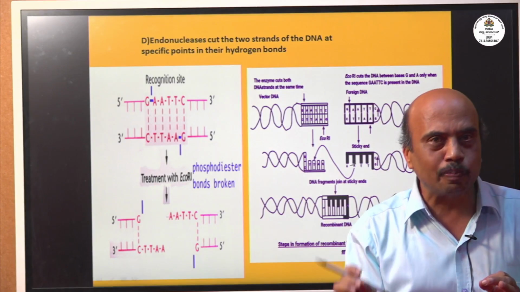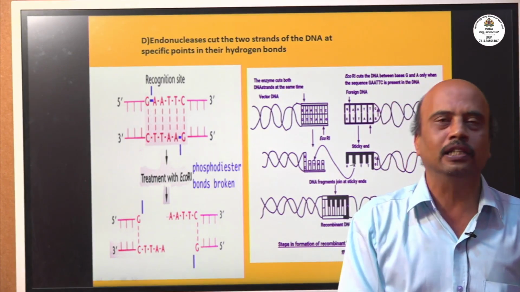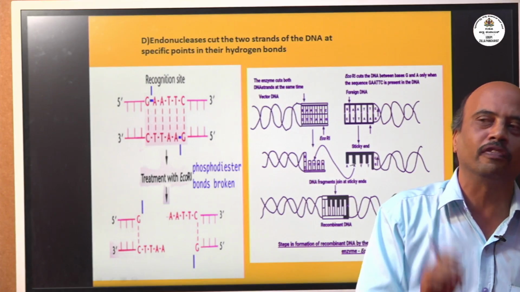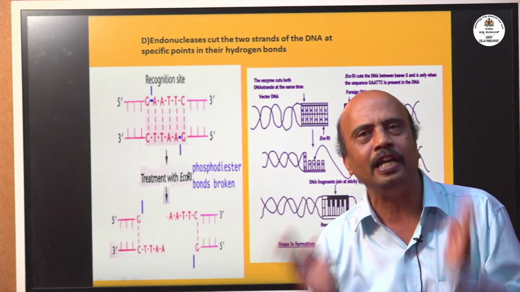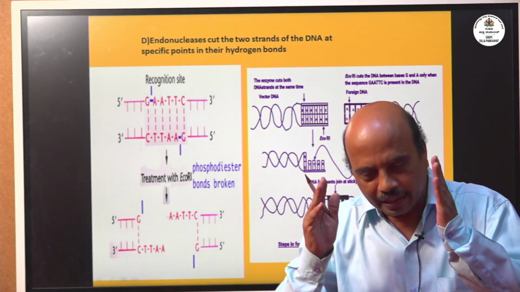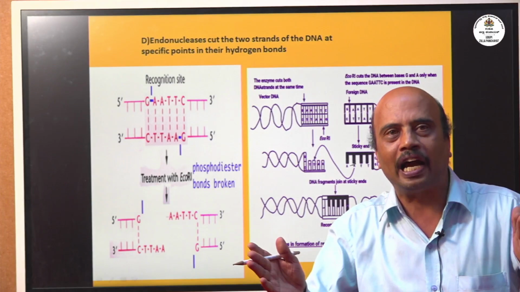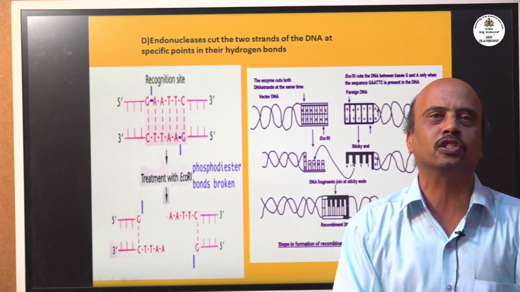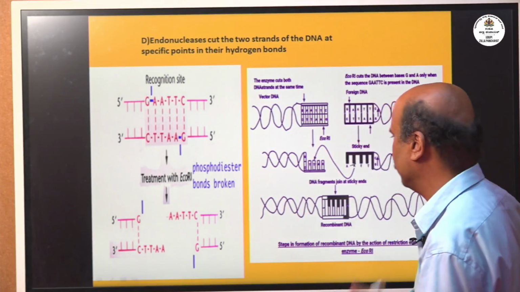Adenine always pairs with thymine with 2 hydrogen bonds, and guanine always pairs with cytosine with 3 hydrogen bonds. This type of base pairing is called complementary base pairing. So the restriction endonuclease cuts the DNA, leaving behind sticky ends. These sticky ends can be joined by using DNA ligase.